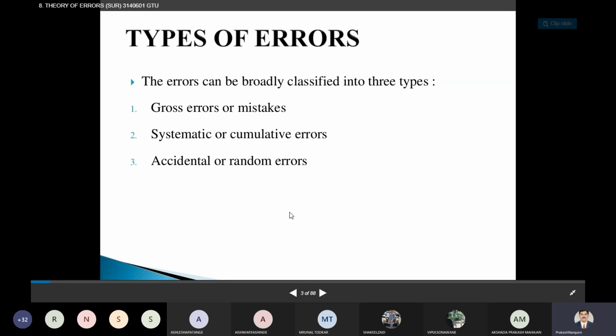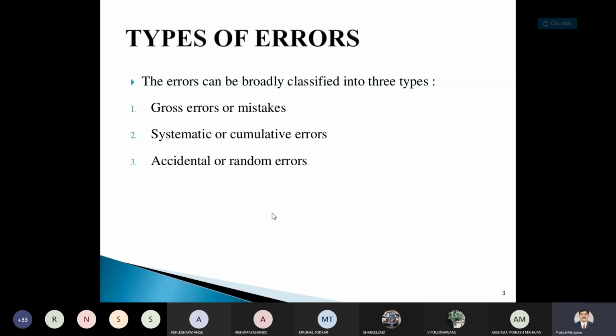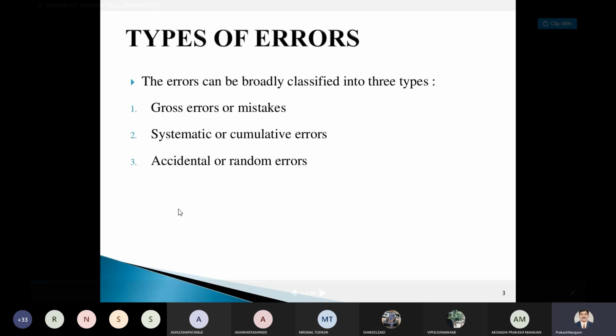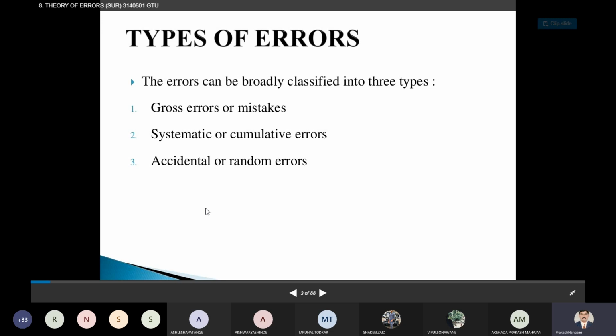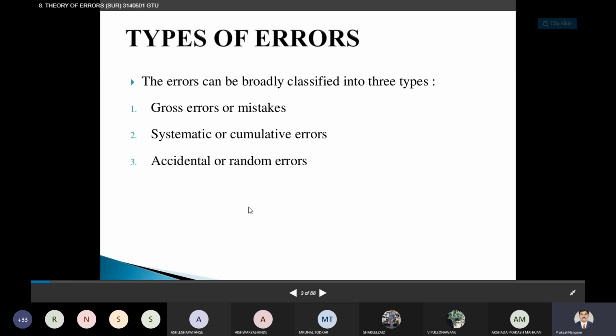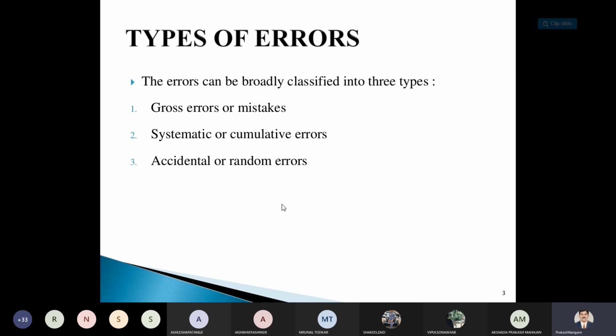Let us talk about the gross error, or mistakes in observations made by the observers. We call it a mistake. The systematic or cumulative error arises when this work is carried out among groups; the errors can go up because of the number of persons. Accidental errors come from climatic change, or if you didn't get the observation correctly, or sometimes the observer is under pressure or hypertension and could not observe the readings correctly.